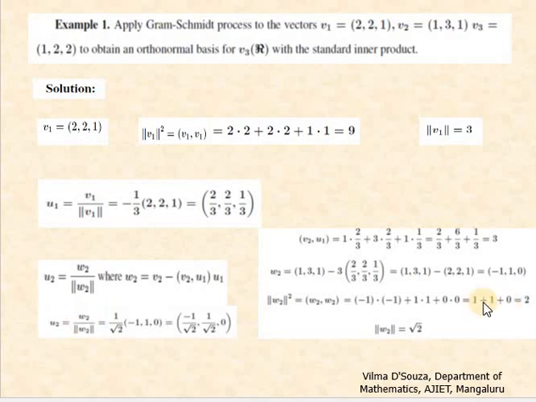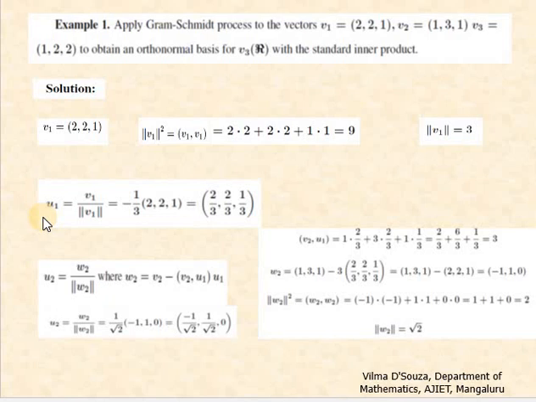W2 you have found, minus 1, 1, 0. Length of W2 is root 2. So 1 by root 2 into minus 1, 1, 0. So your U2 is minus 1 by root 2, 1 by root 2, 0.